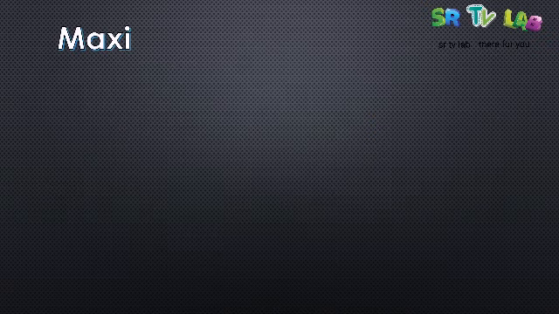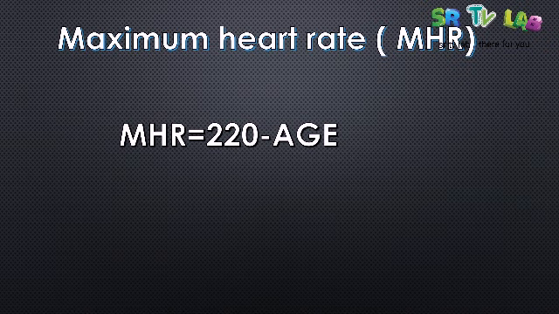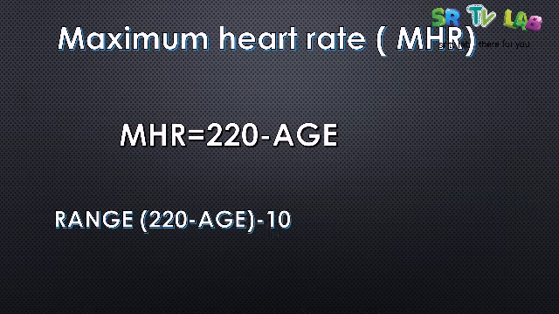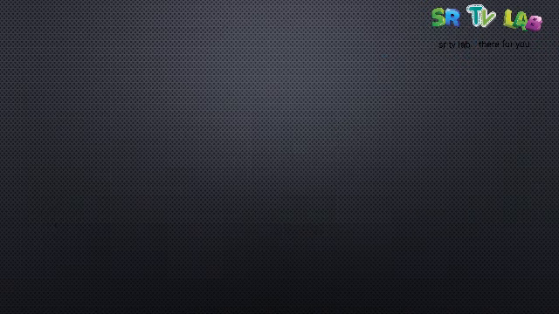The maximum heart rate, or MHR, equals 220 minus the age, and there is always a range for heart rate. The range will be between 220 minus the age minus 10, up to 220 minus the age plus 10. That is the range for maximum heart rate.